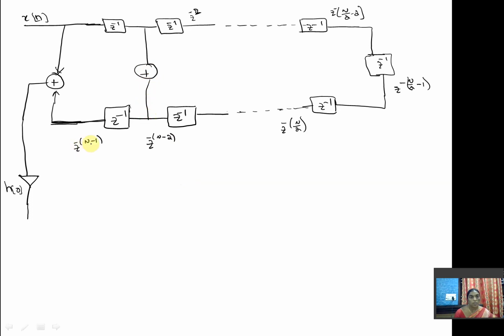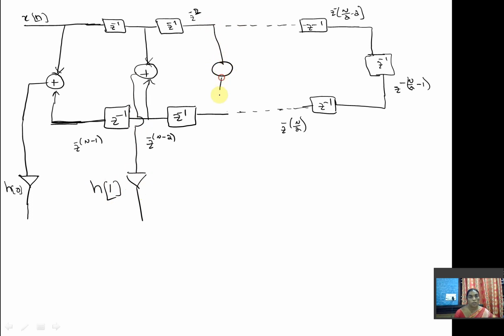If it is z power minus of n minus 1, the last one, n minus 1 delay units are used. Obviously it is nothing but z power minus of n minus 2, right? So now do the sum here. Now multiply this one with the coefficient h of 1 in a similar way.